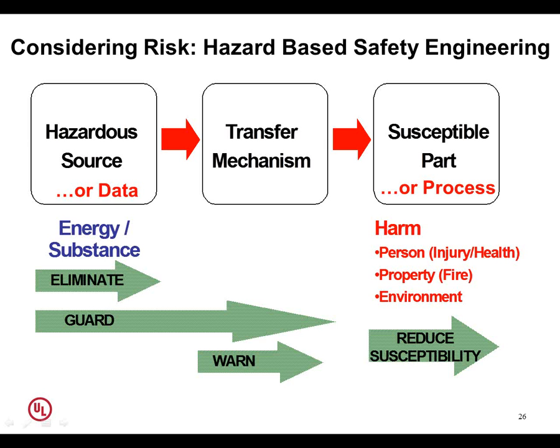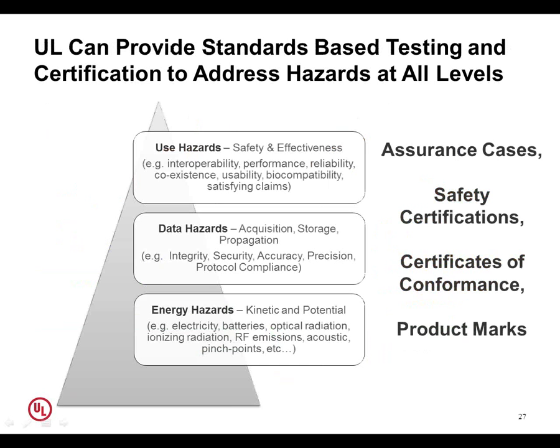When we take a look at all of these different hazards, there are energy hazards, there are data hazards. So energy hazards might be kinetic energy or potential energy. Data hazards might be related to the acquisition, storage, or propagation of data. Use hazards might have to do with the safety and effectiveness, looking at interoperability, performance, etc. And so you all provide standards-based testing and certification to address hazards at all these different levels.